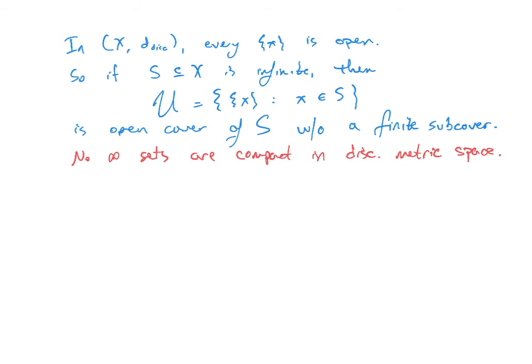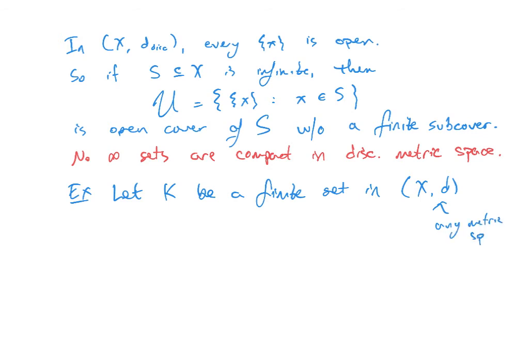Why are they automatically compact? Because every point is going to be in at least one of the open sets, and then you just choose open sets, one for each of them, and that's finitely many.